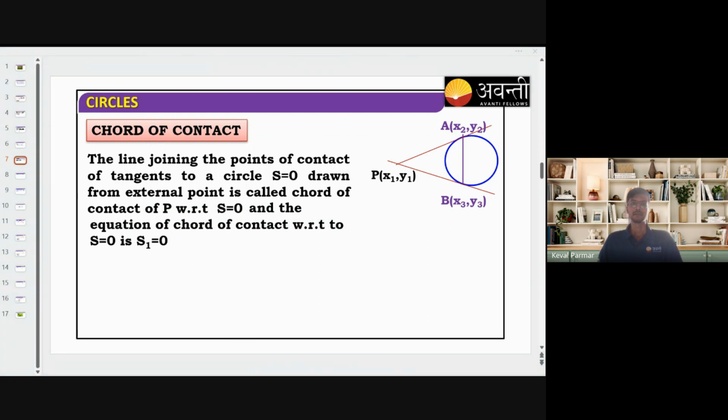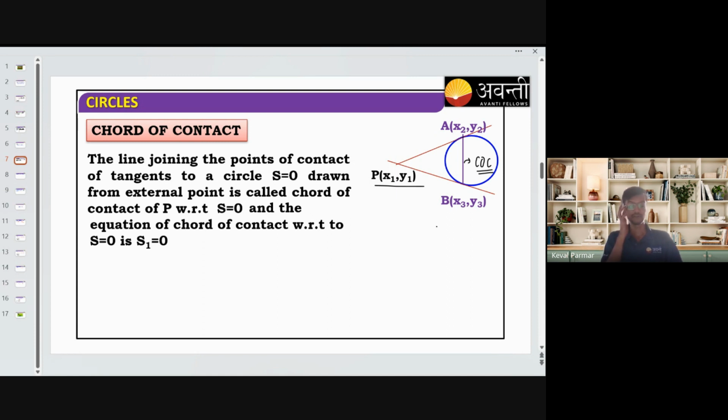Chord of contact. Now, please listen to me first and see this diagram. After that, we'll read the definition. So here is a point P from which two tangents are drawn, namely PA and PB, right? So the tangents touch the circle at A and B. So if we draw a chord joining A and B, as you can see here, then this chord is called the chord of contact, COC.